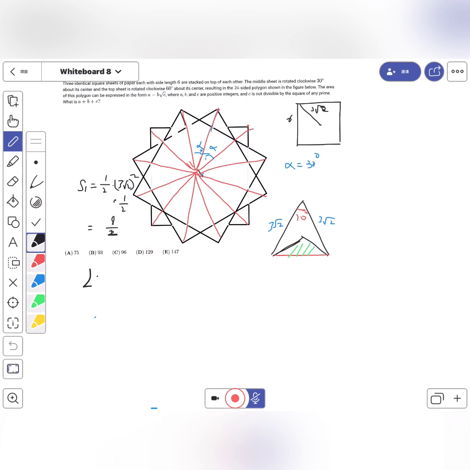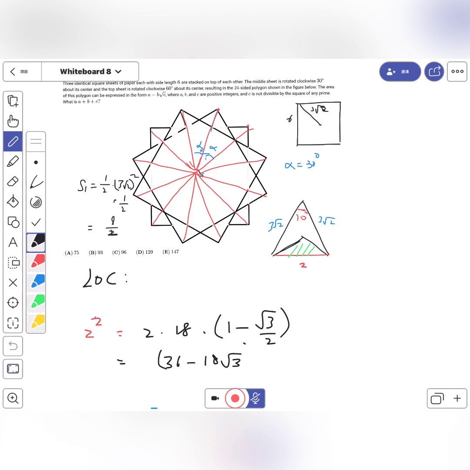The law of cosines: let this be z. Z squared is equal to 2 times 18, because 18 is 3 times square root of 2 squared, times 1 minus the cosine value of 30 degrees, which is square root of 3 over 2. So which is equal to 36 minus 18 times the square root of 3.